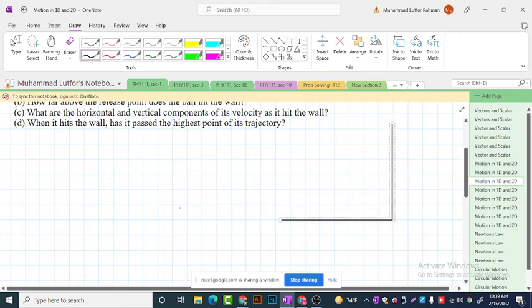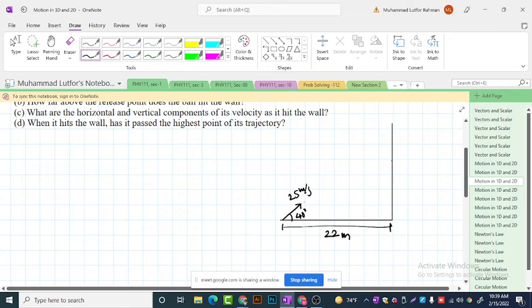This is the case I'm drawing for you. So this is a wall, and you throw the ball from here with the initial velocity, say 25 meters per second, making an angle of 40 degrees. Now the distance from you to the wall is 22 meters.